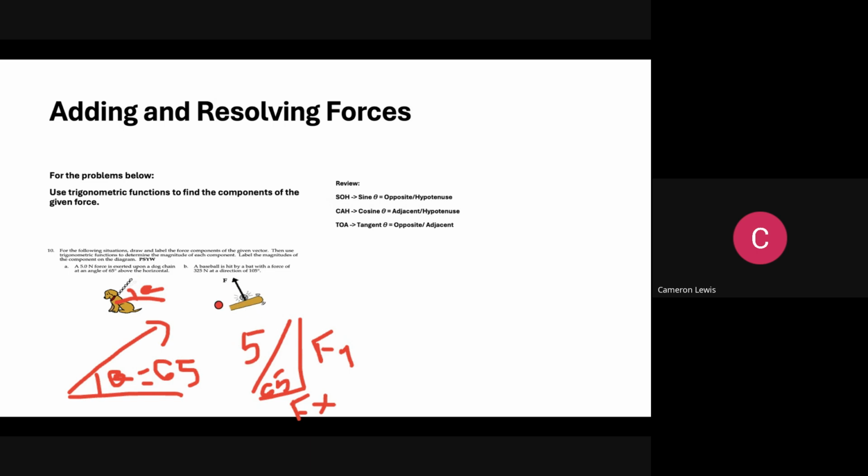So now I know my angle is here. Let's start with my y component. My y component is opposite of this angle, so I would use sine. Sine of the angle is equal to opposite over the hypotenuse.